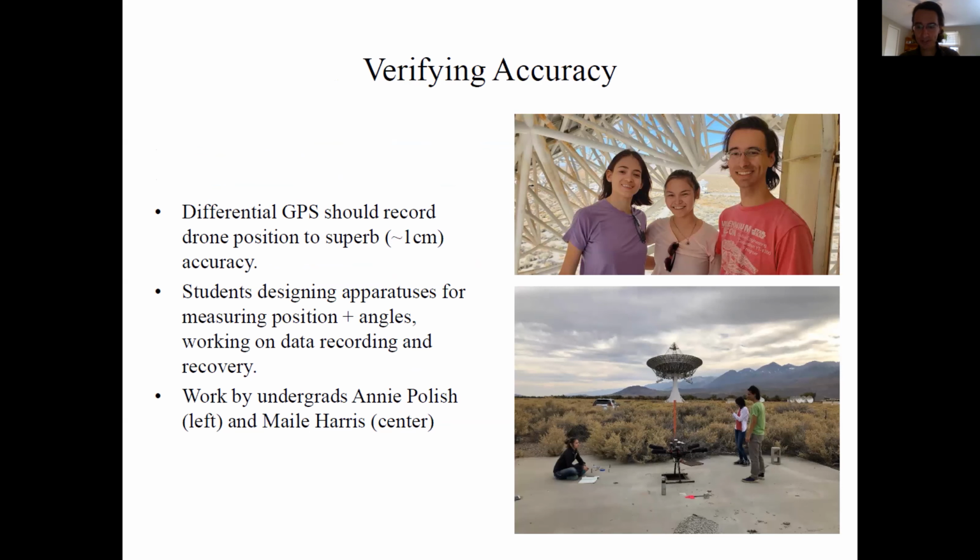So this was us out at Owens Valley in the bottom picture there, positioning the drone over a USGS survey marker, whose position is known to about 1 millimeter, and then just recording the position of the drone for a long period of time and rotating it and shifting it around to see that we can actually reconstruct its position.